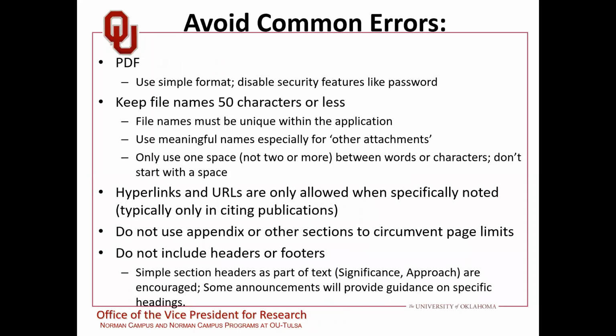You're not supposed to put security features on any of the PDFs that you upload, because they want to be able to open them and manipulate them the way that they want to. File name should be 50 characters or less. A lot of times you'll send us a file name, and most of the time we will truncate it. So like you may send something that says mole rats, abstract, submission, blah, blah, blah.